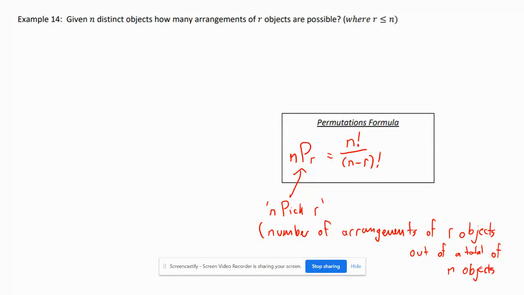So, for example, in the previous example, where we had 6 objects and wanted to arrange 4 of them, that would have been 6 pick 4.